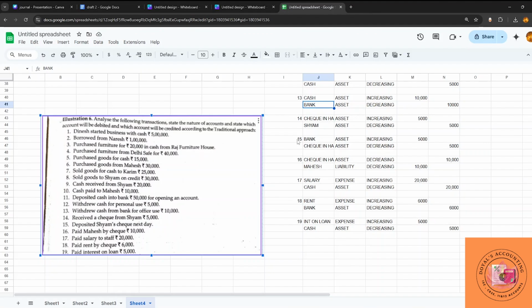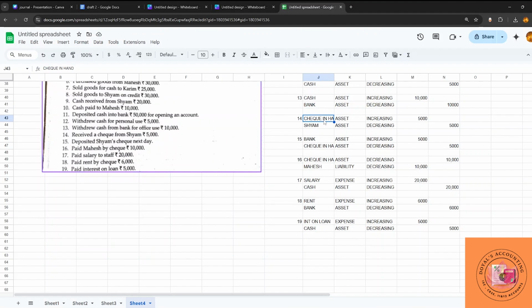Check in hand is an asset and Sham is a personal account. Check in hand is a real account. Check is coming in. Real account rule states that debit what comes in, credit what goes out. So the check in hand will be debited. And personal account rule states that debit the receiver, credit the giver. Sham is giving us the check. So Sham's account will be credited.